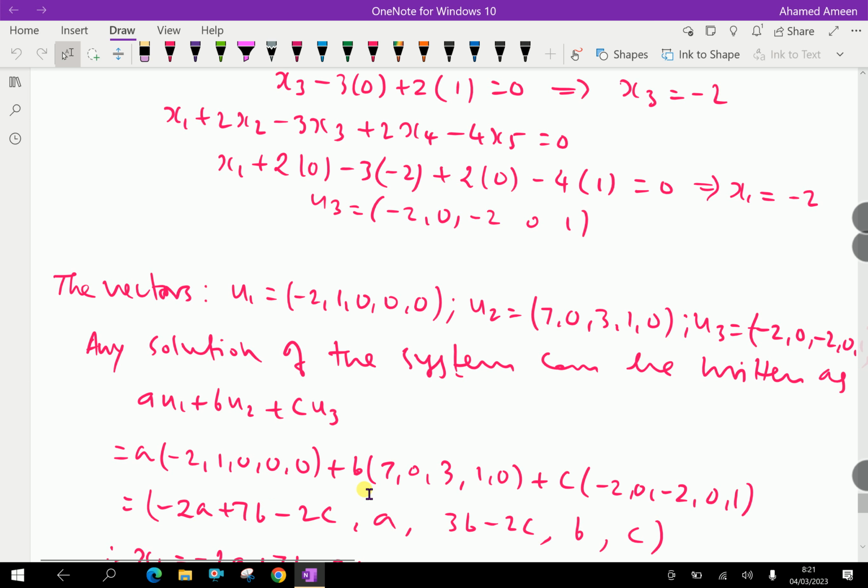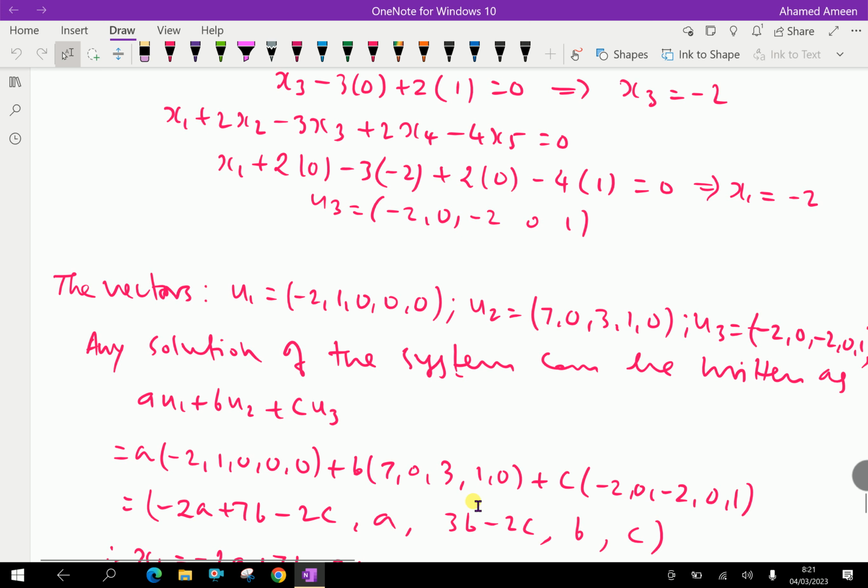Second value is a. Third value is 3b minus 2c.